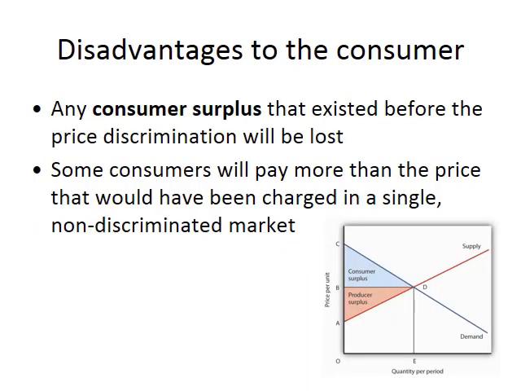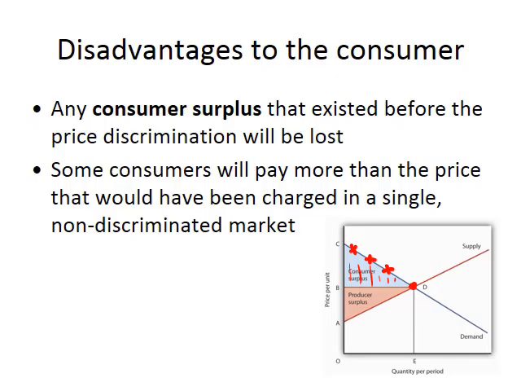Disadvantages to the consumer. Any consumer surplus that existed before the price discrimination will be lost. So just looking at the graph here, remember that the consumer surplus was that we have people who are willing and able to pay a higher price than the equilibrium, and they would gain all of this because the price they would pay would be the equilibrium price.